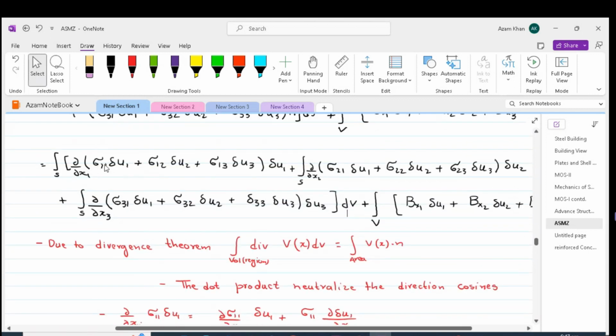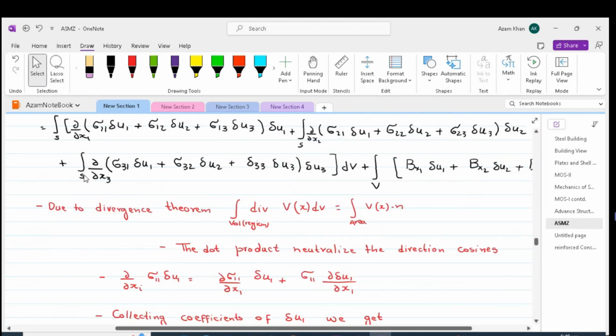So if we apply the multiplication of two variables, please note that every term consists of two variables which are dependent on variable x1. Therefore, this is a u times v form of differentiation.